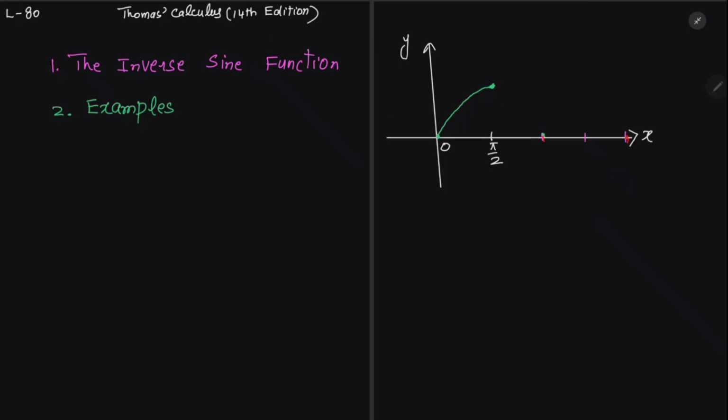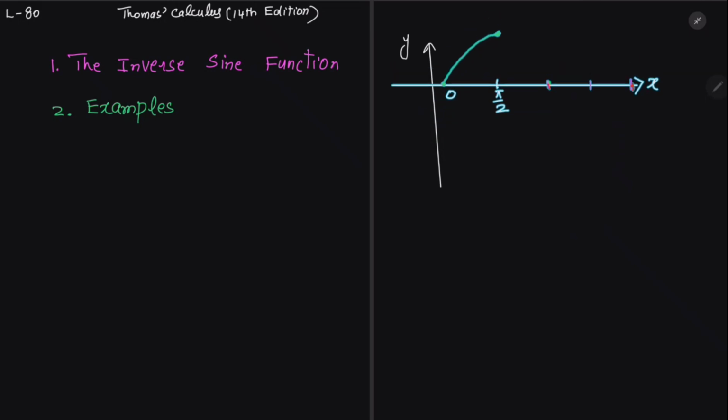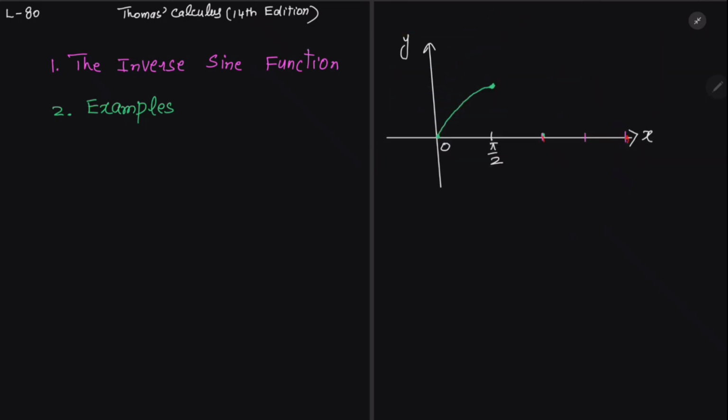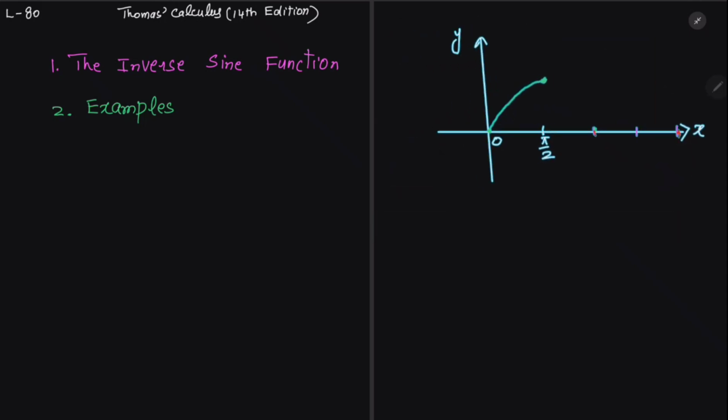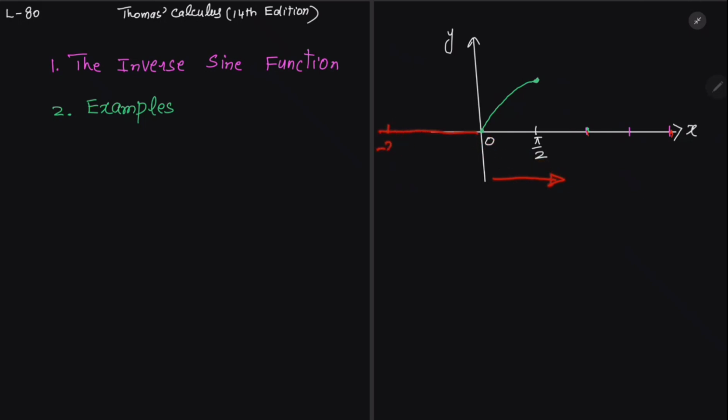But one thing I observe over here as well, and for that I need some space. Suppose that rather than extending the domain from 0 to pi by 2, I just want to see 0 to minus pi by 2.